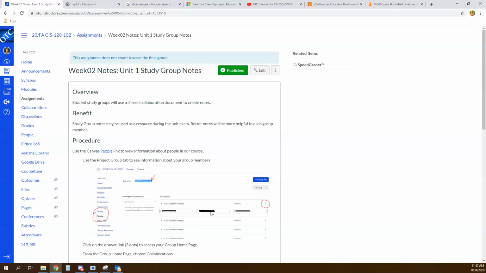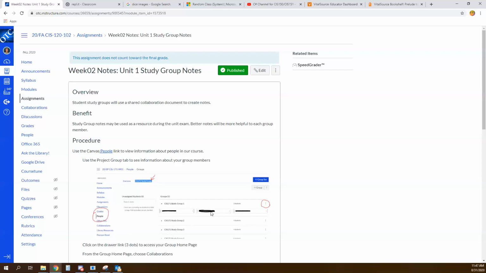So we're going to create a notes document that's shared amongst your study group. So you guys can work together on it. One person might be better at taking notes, another person might be better at organizing everything, making it into an outline form. The third person might be better at finding pictures and other things to enhance and embellish your notes. So I want you to work together on these.